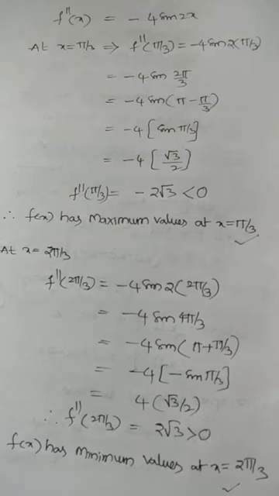Let us check. We are going to substitute the boundary values, 0 and π, in the given function, so that we can observe which value gives the maximum and which gives the minimum.